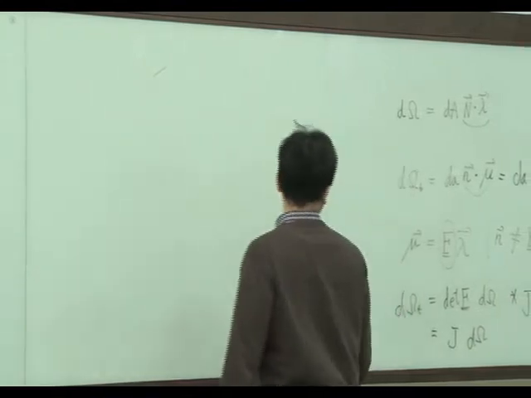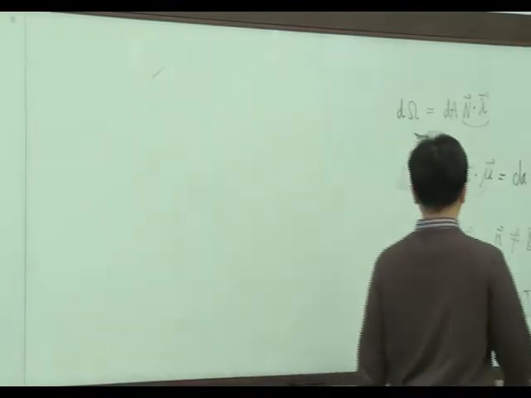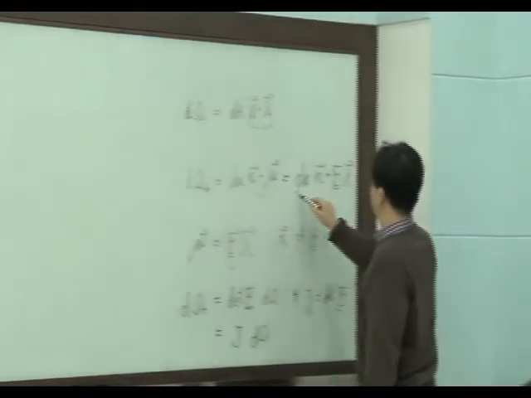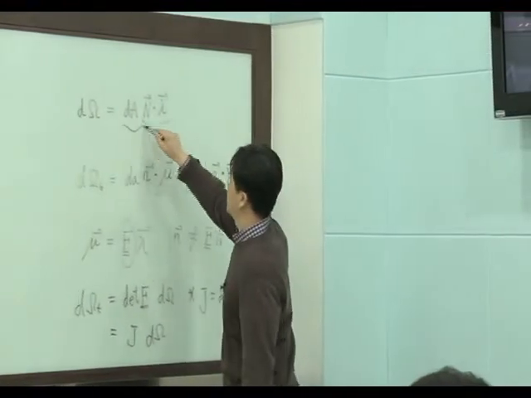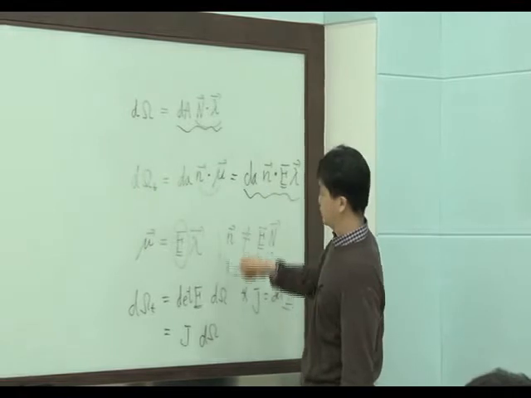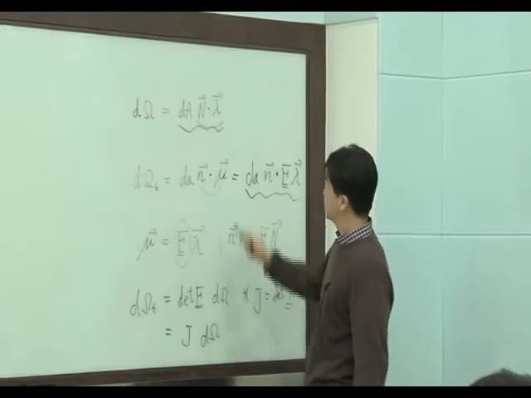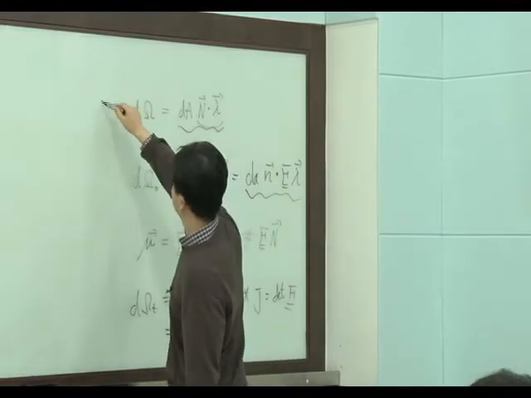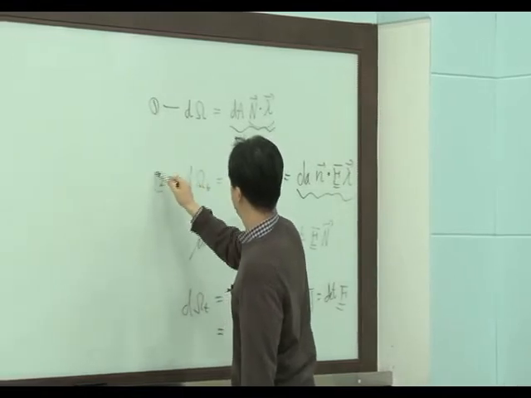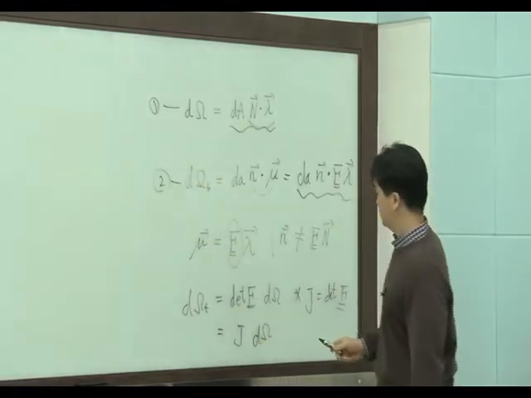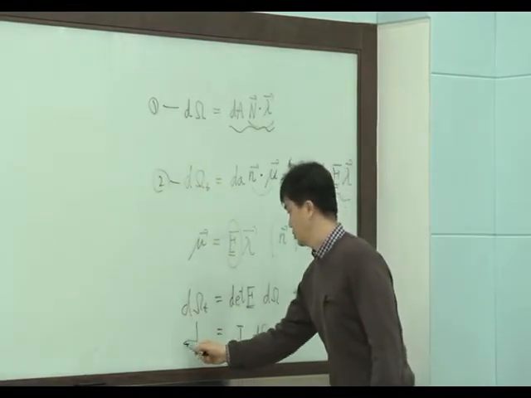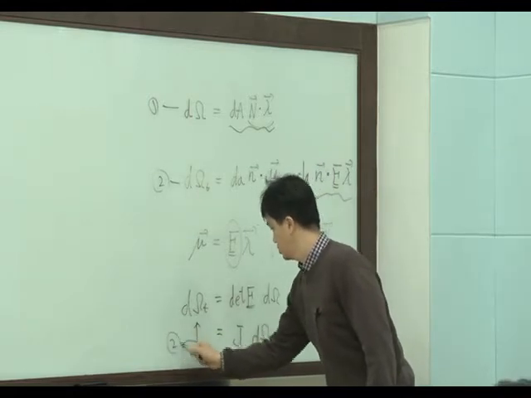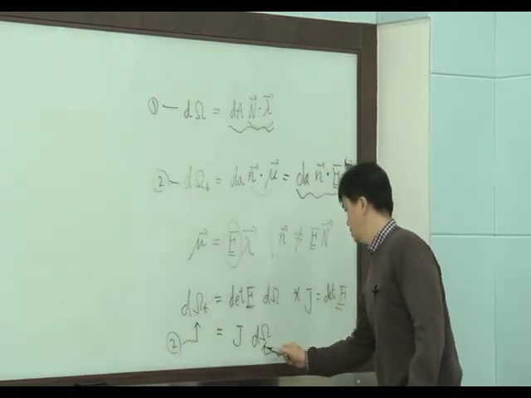Okay, then let's put the result. This one and this one into this equation. So let's say this equation is 1, 2. So put the result here, 2, here, 1.